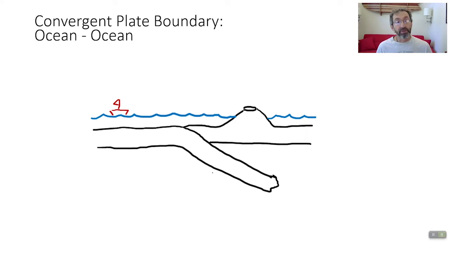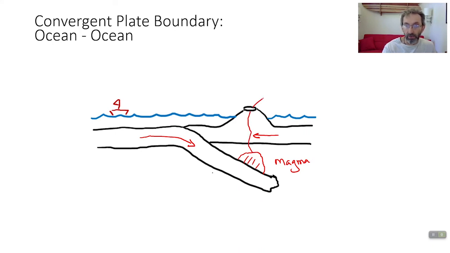And finally, the third type of convergent plate boundary is where you have oceanic crust colliding with other oceanic crust. So here we have this plate in this direction, slamming into this plate right here. And again, as we saw before, where you have oceanic plate subducting, it melts, magma forms, and that magma rises up to form volcanoes.